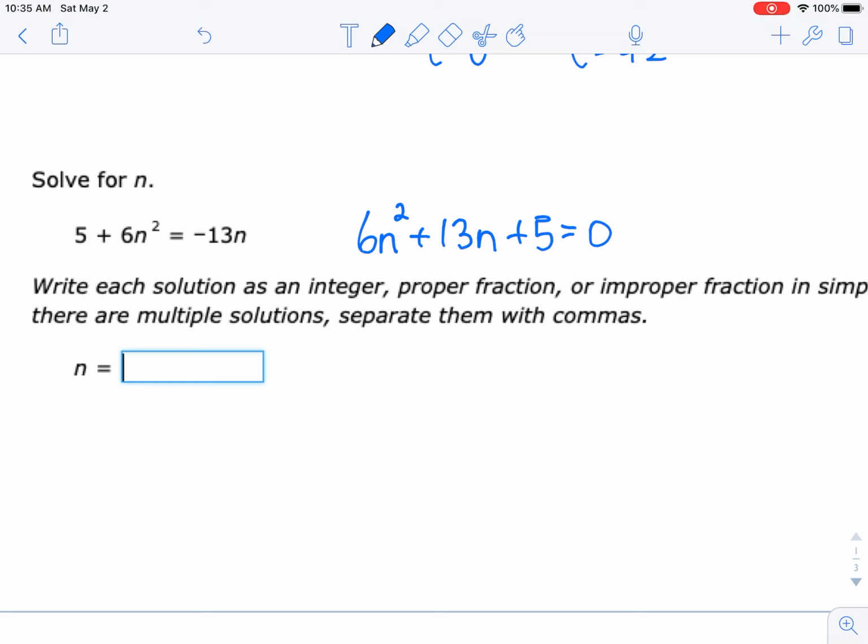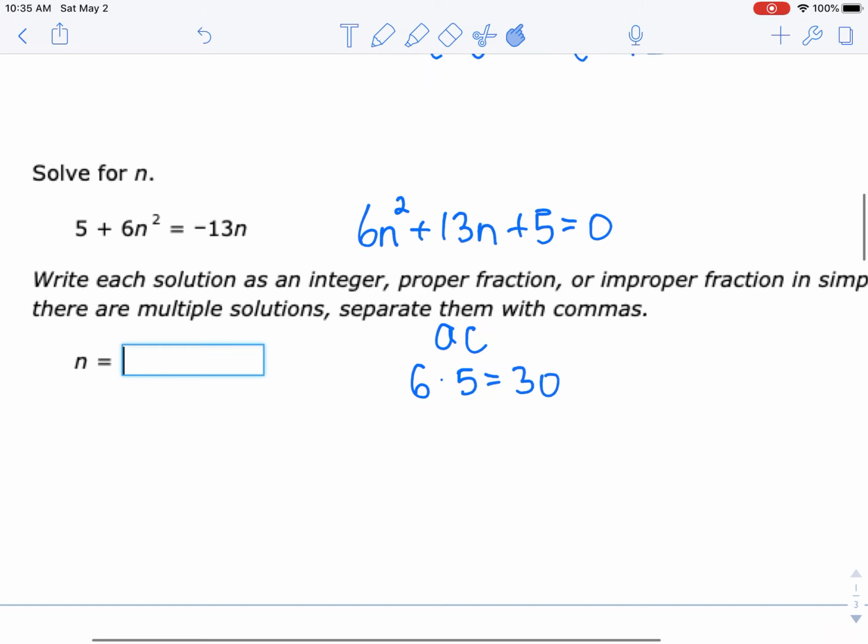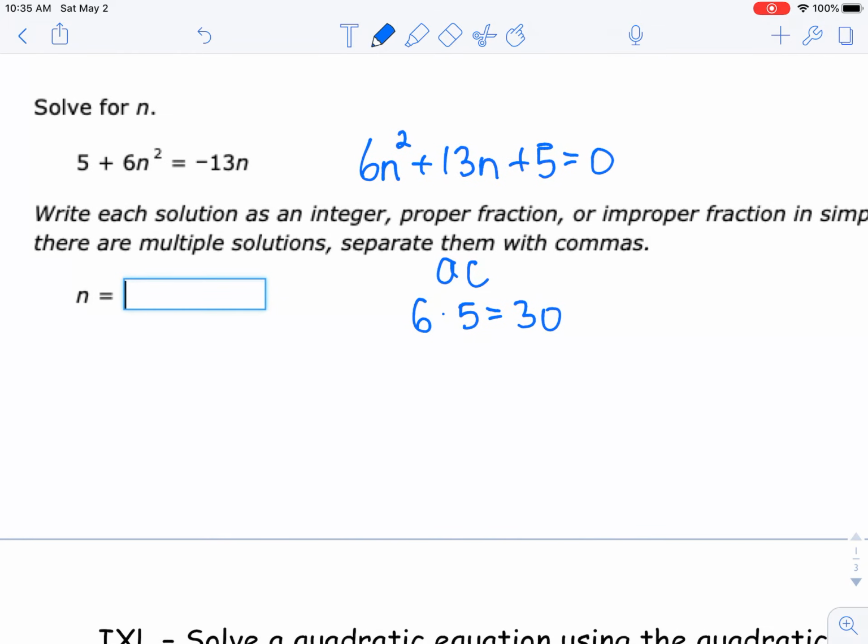And since my leading coefficient is not a 1, I'm going to use the AC method, which is taking 6 times 5 and then coming up with factors of 30 that add together to give me 13, which would be 3 and 10. So I'm going to take 6n squared plus 3n plus 10n plus 5 equals 0.